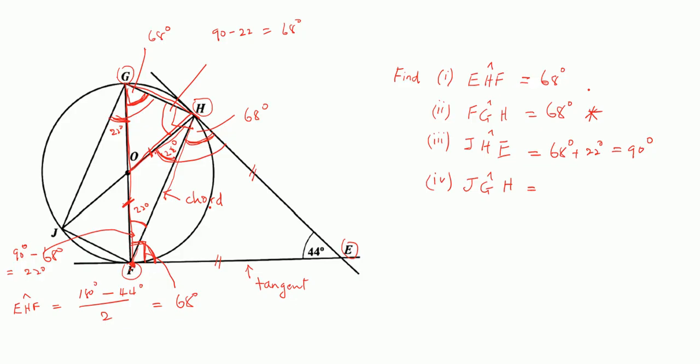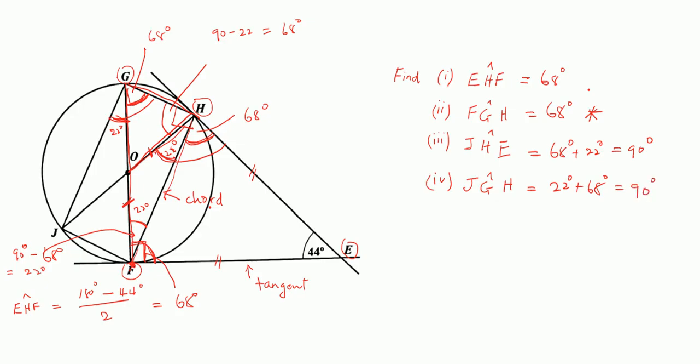And the rule in this case is that angles in the same segment are equal, right? So JGH will be 22 degrees, JGE, right, will be 22 plus 68, which will give us 90 degrees.